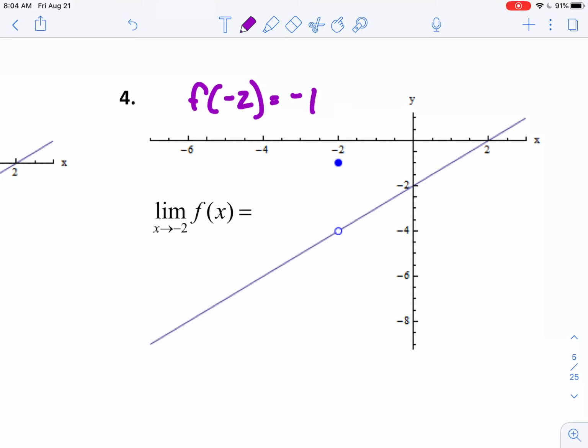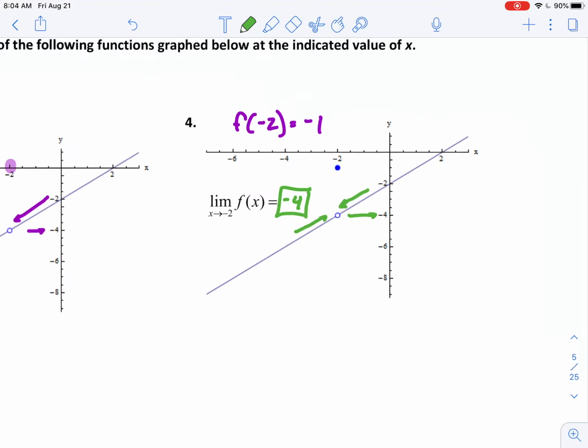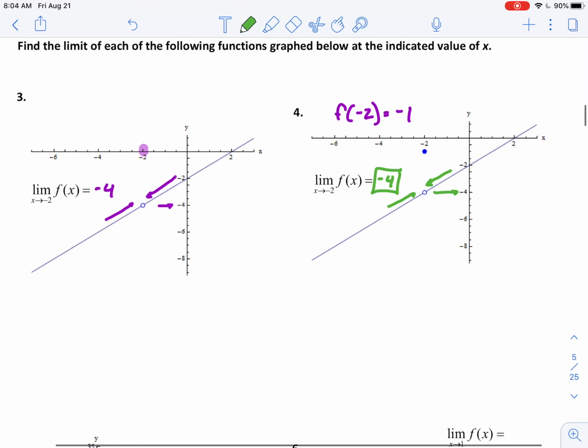However, the limit as x approaches -2 of f of x is, as I approach x equals -2 from both sides, again, I'm approaching the y-coordinate, -4. So once again, the limit as x approaches -2 of f of x is -4, whether that value of x is defined or not.